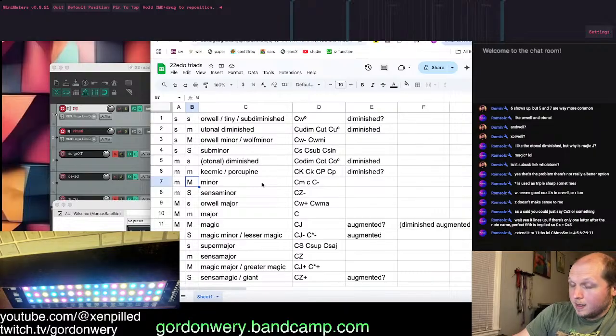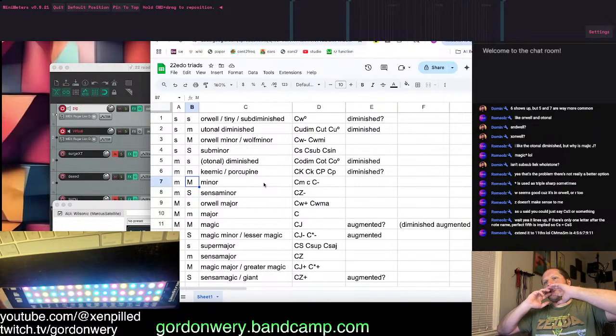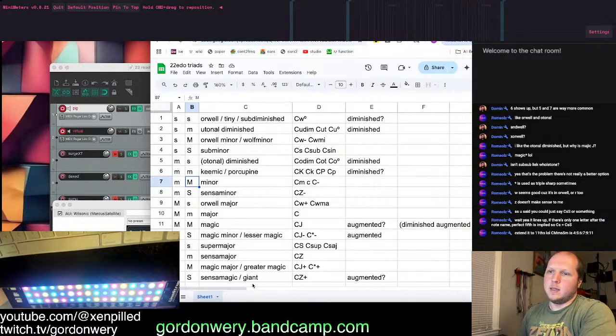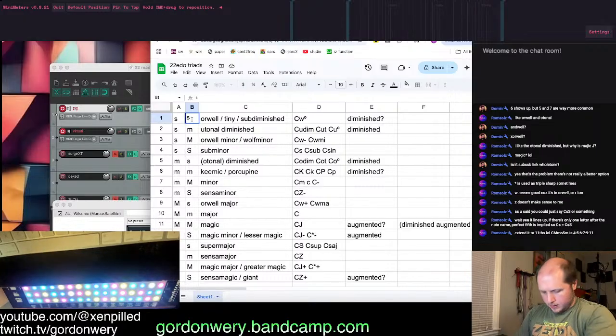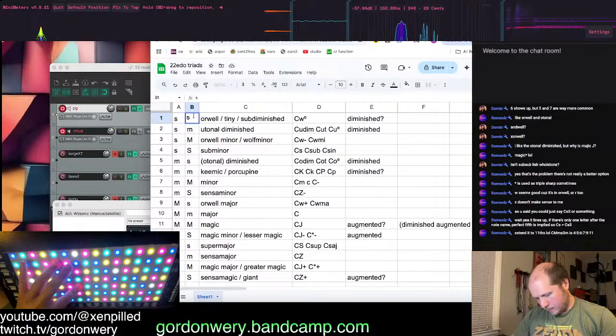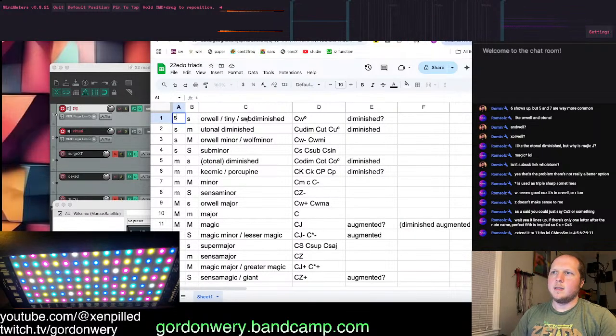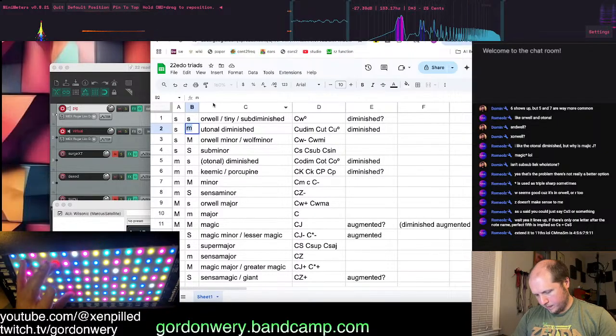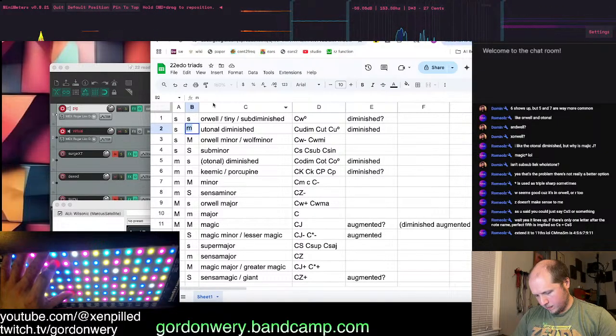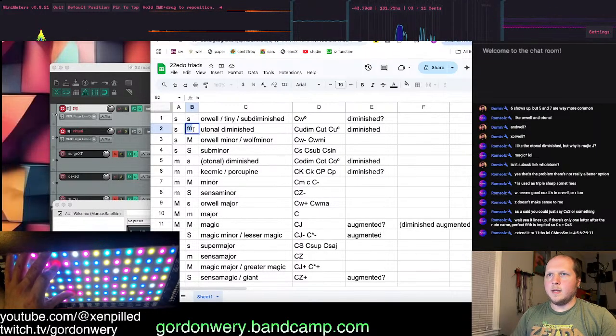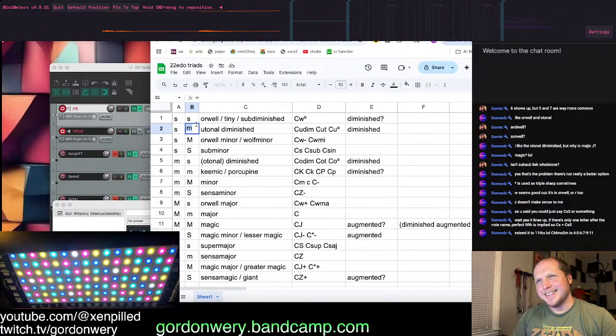another option would be to say the quality of the third and then the quality of the fifth. So this would be the weirdest one. This would be like C sub flat five, and then this would be like C sub up sharp five, or double down five, or whatever you want to call that weird one.